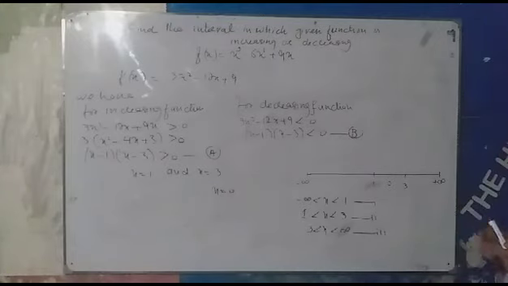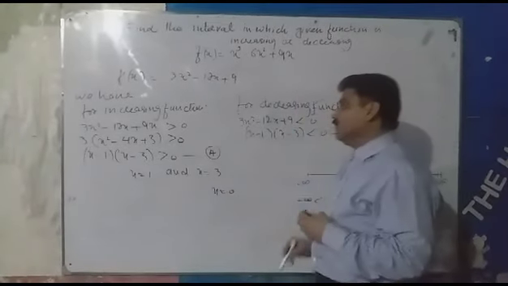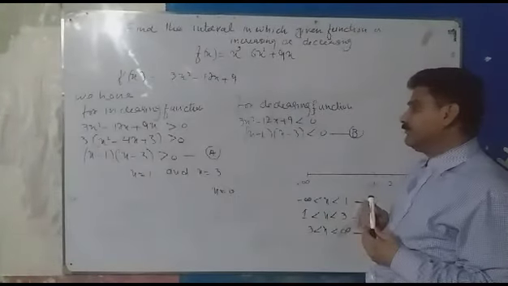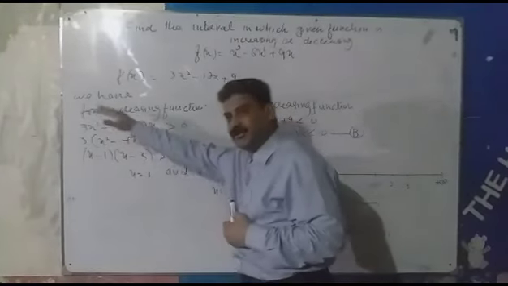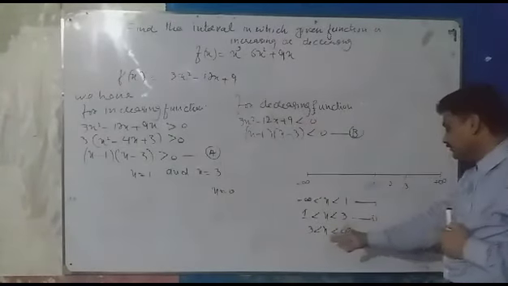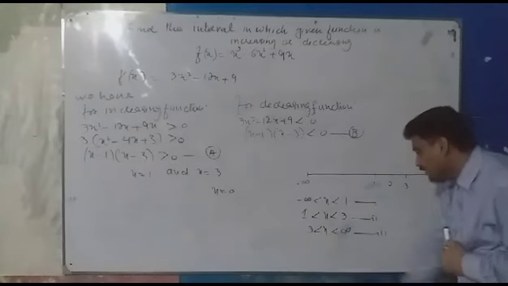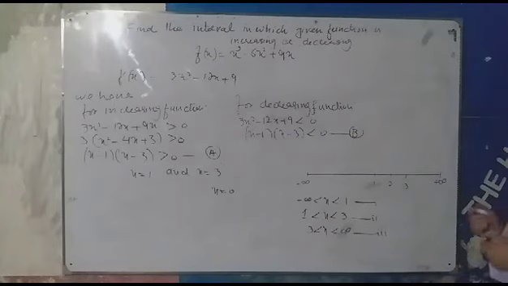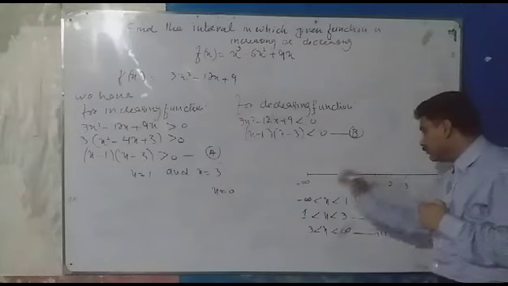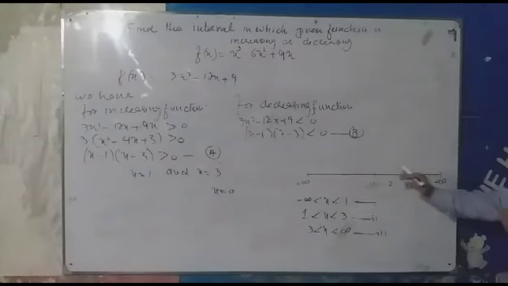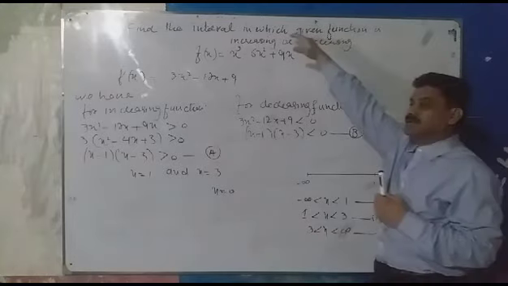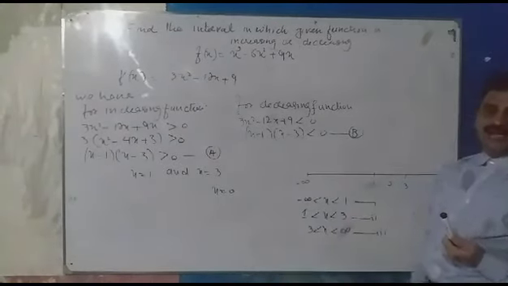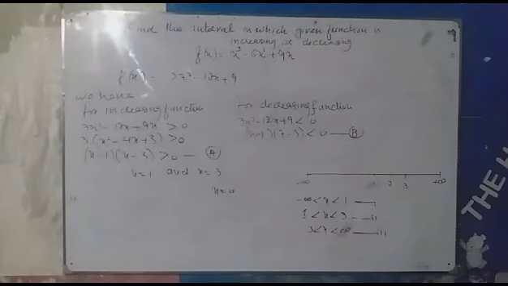When we replace x with 4 in inequality A, we again get a positive real number which satisfies inequality A. We can say that this interval, x greater than 3, is also an interval for which the given function is increasing. We can say that the portion of the line from minus infinity to 1 and from 3 to infinity is an interval for which our function is an increasing function. Now we check the second interval.